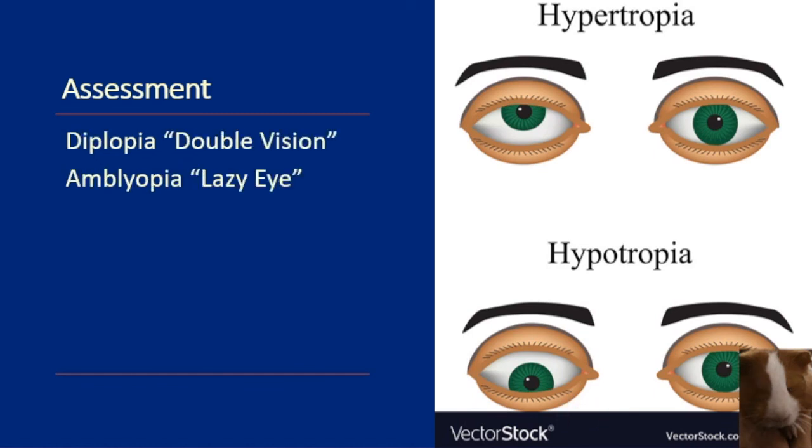Then we also have the terms diplopia and amblyopia. Diplopia is the perception of two images of a single object, or double vision. Amblyopia, your lazy eye, is characterized by dimness of vision without detectable organic lesion of the eye, or loss of one eye's ability to see details.